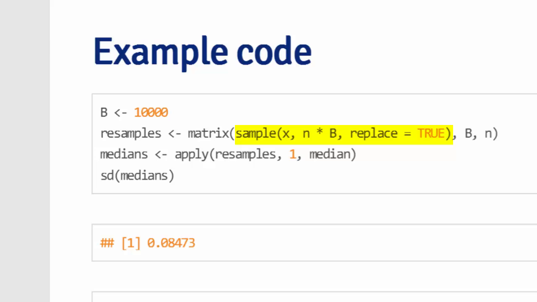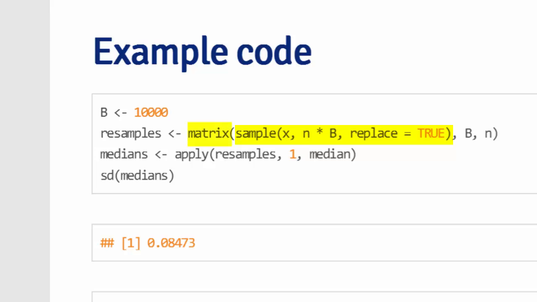If I didn't have replace equal TRUE, it would give me an error because you can't draw n times b elements from x, which only has n elements, without replacement. This now gives me a vector of n times b samples from x.